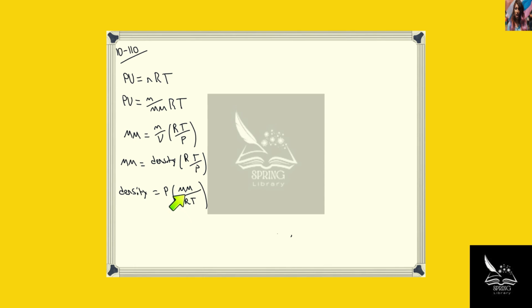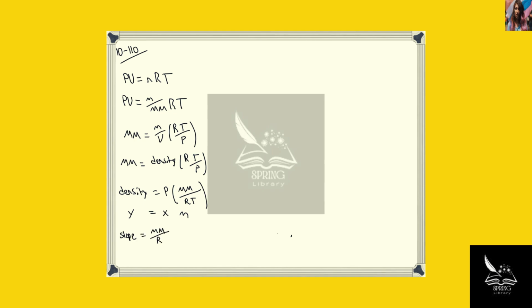The slope will be equal to the molar mass in units of kilograms per mole divided by R with a value of 8.314 divided by T with units of Kelvin. That will only work if the density is in kilograms per meter cubed, or the same numerical value as grams per milliliter, and pressure is in units of Pascal.